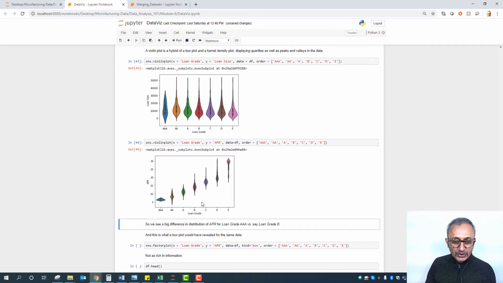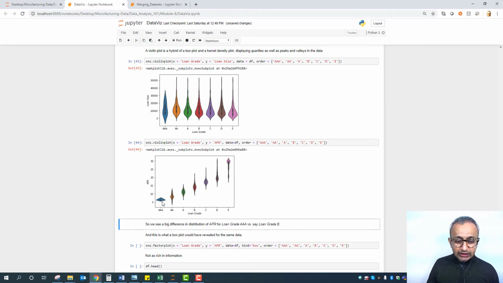Yeah, this one actually tells you more, right? Here you see that the APR, which is the percentage rate, the interest rate this company is charging a customer, is very low for someone who has a AAA rating versus, of course, D and E rating.